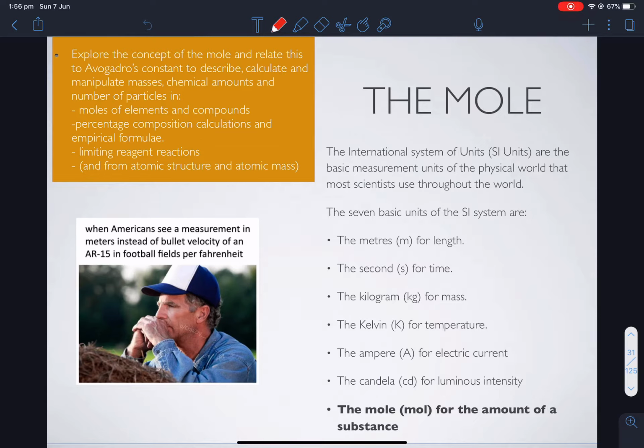I remember when I first encountered the mole in year 11 with my chemistry teacher, and I found it awfully hard going, and so did a lot of people. The way that my year 11 chemistry teacher taught it, I just wasn't getting it, and a lot of people weren't.